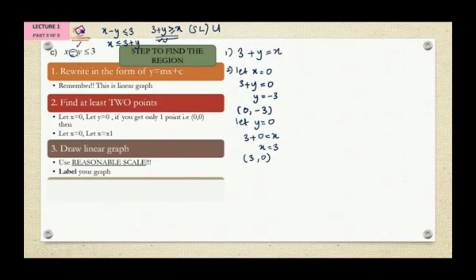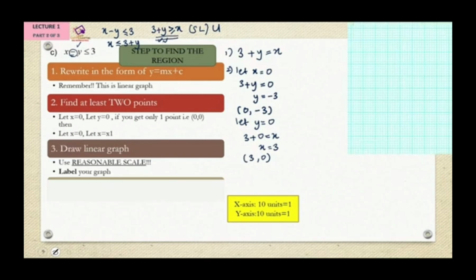Next, the third step, draw the linear graph. We need to use a reasonable scale. So for this graph, we will use the scale for the x-axis, 10 units equals 1, and for the y-axis, 10 units equals 1 as well. So this is your graph paper. Draw your scale first. This is the x-axis and this is the y-axis.